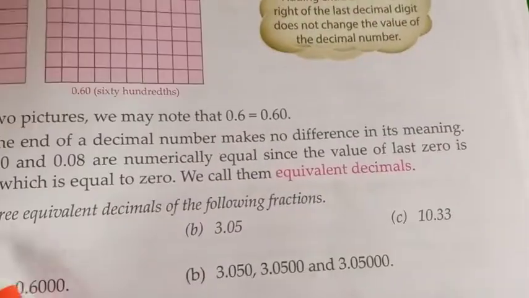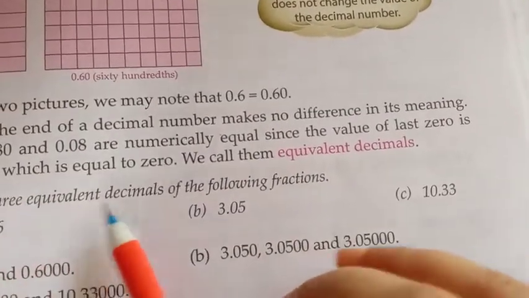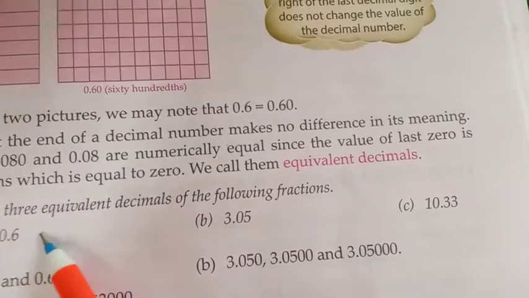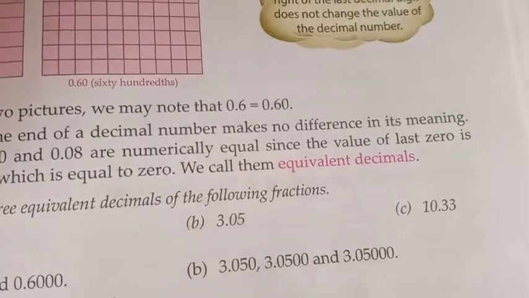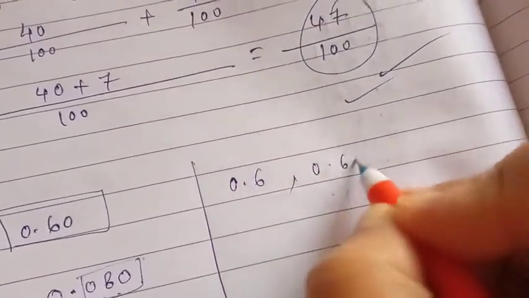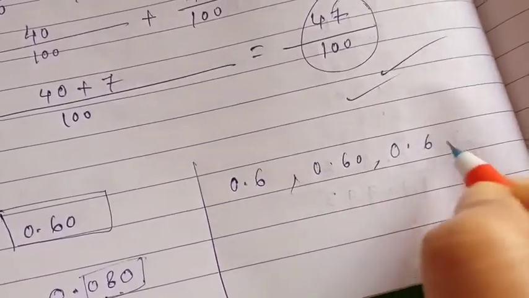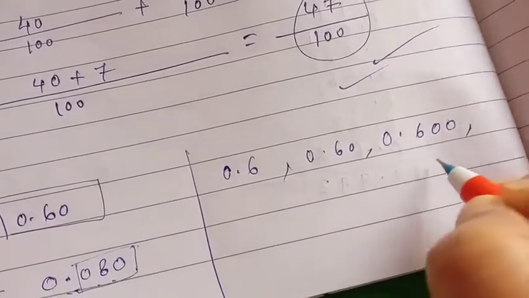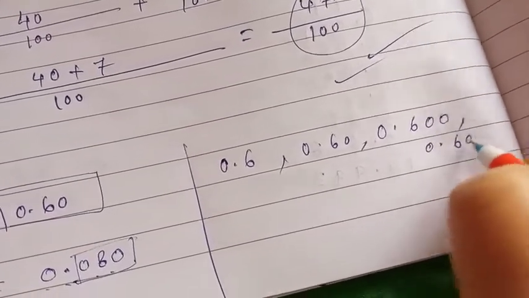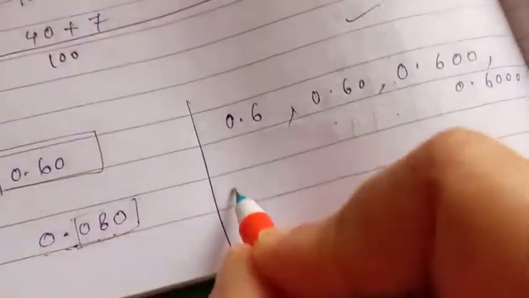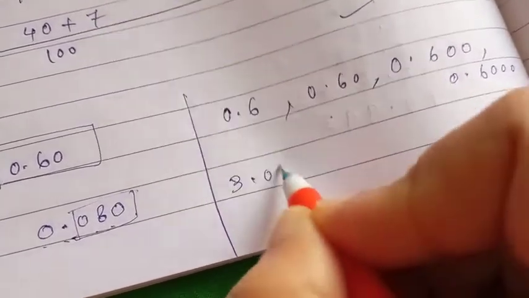Here you see: write three equivalent decimals of the following fraction. The first one is 0.6. How do we make the next three equivalent decimals? The first one is 0.6, so the next would be 0.60, then 0.600, then 0.6000. Again, taking the next example, 3.05.